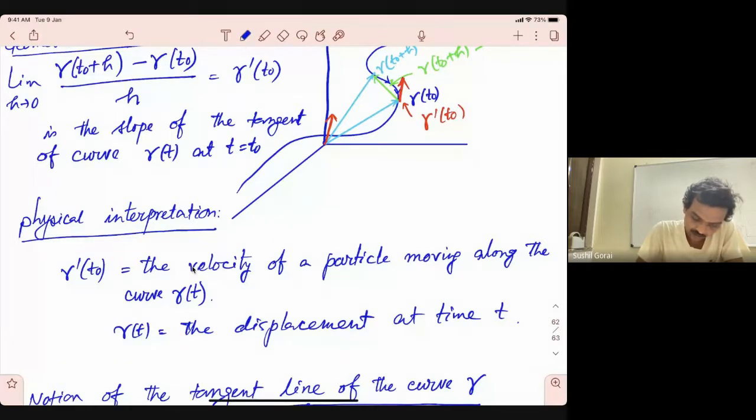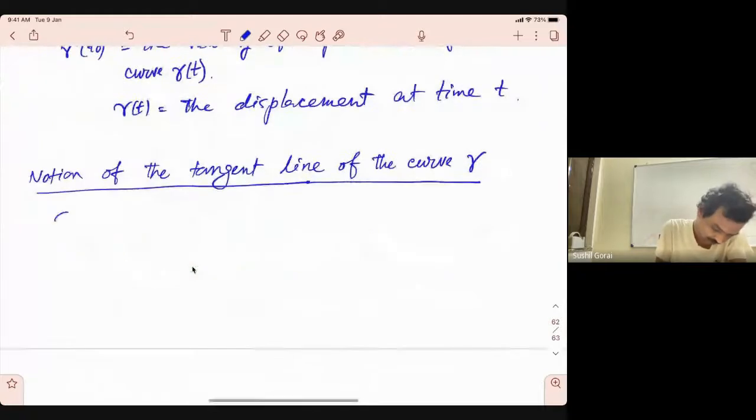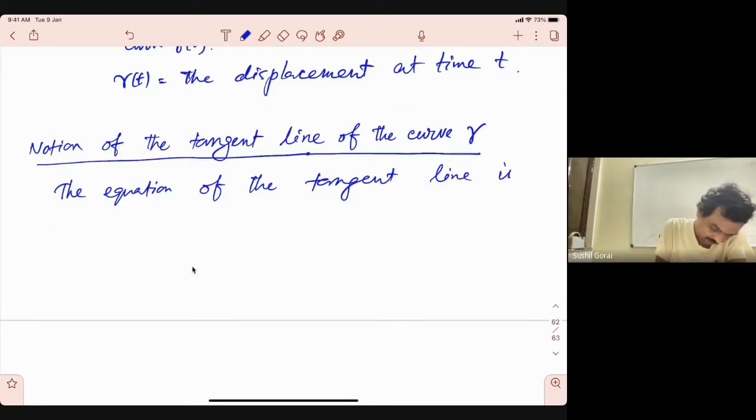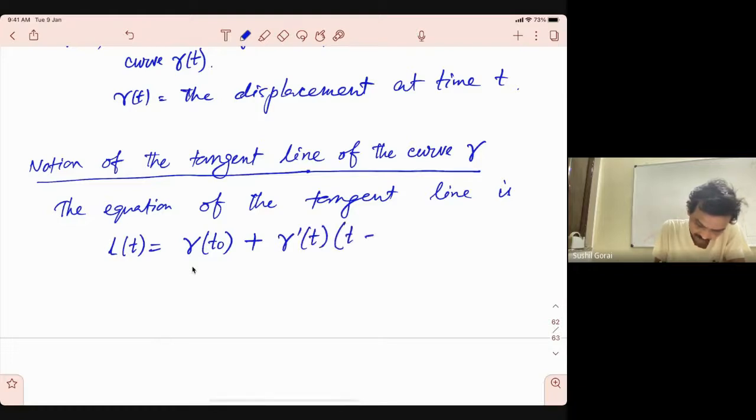Of course, the tangent line should pass through, should touch the curve gamma t at t equal to t naught, and the equation of the tangent line is, let's say, L t is gamma of t naught plus gamma prime t naught times t minus t naught.